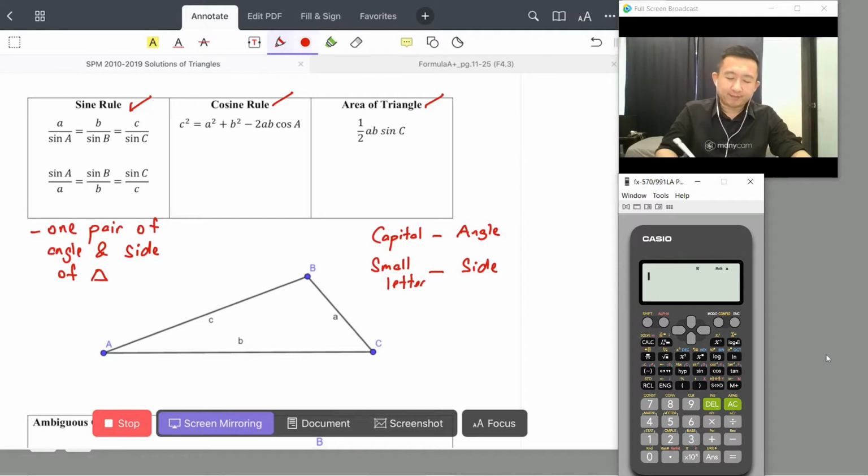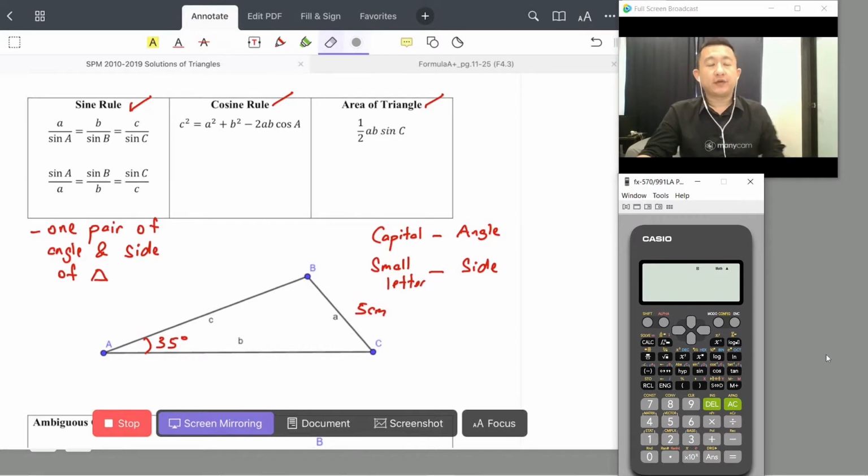For example, let's say this is 35 degrees. You must have a pair of angle and side, right? So let's say it's given as 5 cm. Now you fulfill this criteria. You have a pair of angle and side of the triangle, a pair, 35 and also 5 cm.